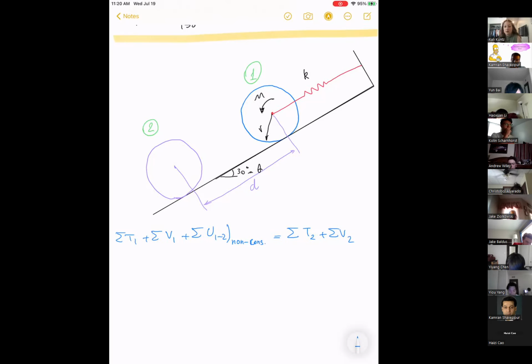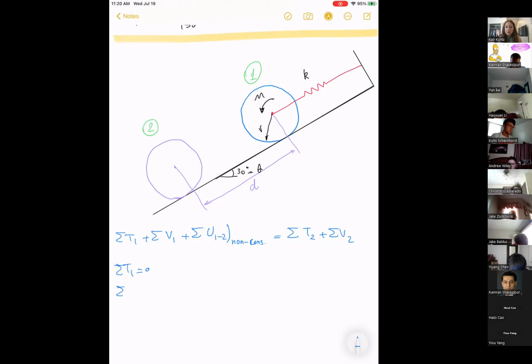Now, the problem says the disk is originally at rest. So T1 is 0. And it says find the distance d when the disk stops momentarily. What momentarily means is it rolls and it stops for a second. When it stops for a second, how much is its velocity? 0 again.